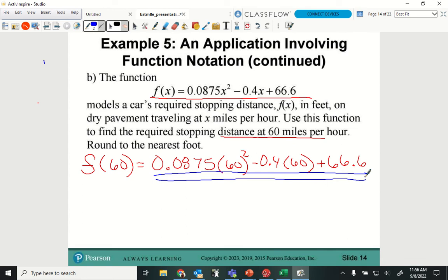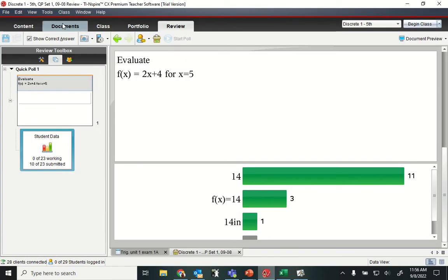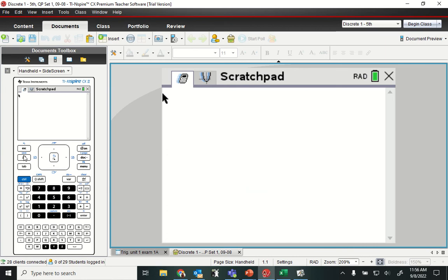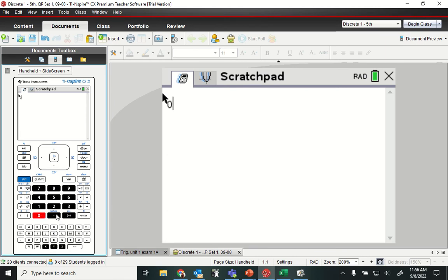All right, so in my calculator, it's going to look like this. I have 0.0875, right? Parentheses, 60 close squared, minus, parentheses, 60, close, plus 6.6, like that, right?